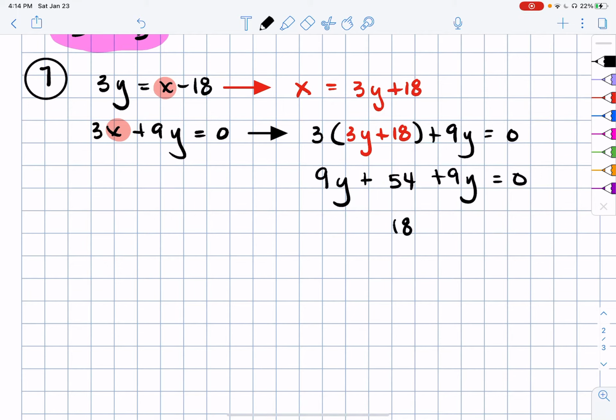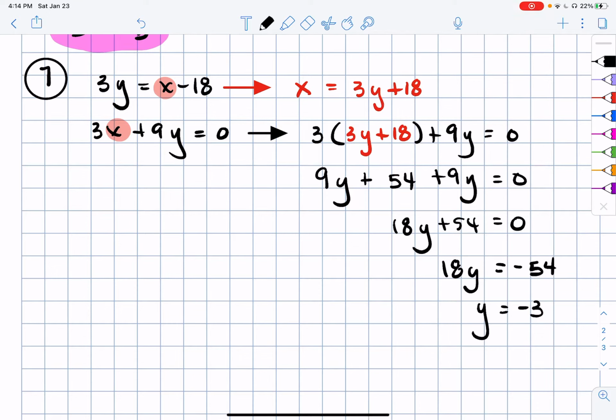So I have 18y plus 54 is equal to 0. So 18y is equal to -54. So y is equal to -3. So I got my y value here.